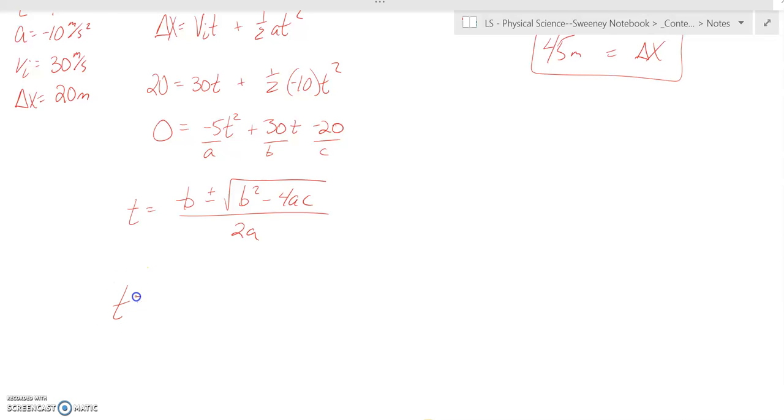Simplifying here, we've got time equals -30 plus or minus the square root of 30 squared minus 4 times -5 times -20 all over 2 times -5.